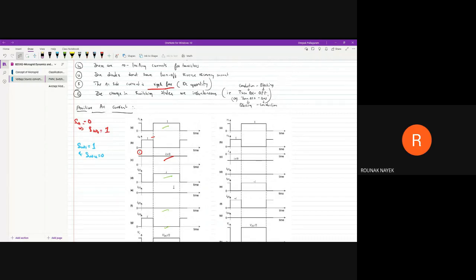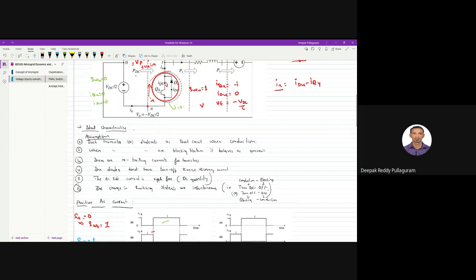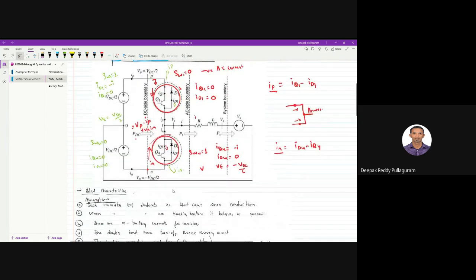Yes, sir. Voltage is fluctuating with the switching status, but the current you assume will always be positive. Yes, it's an assumption that it is ripple free. Why did I assume it is ripple free? As someone rightly said, since we already have a huge amount of inductance, obviously it doesn't allow sudden change in current.